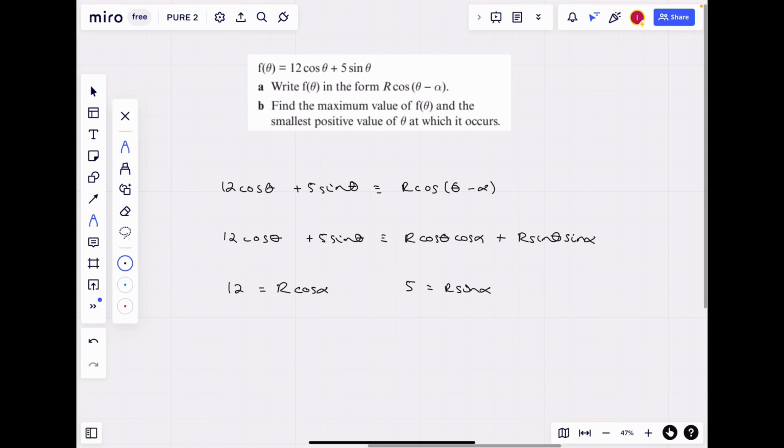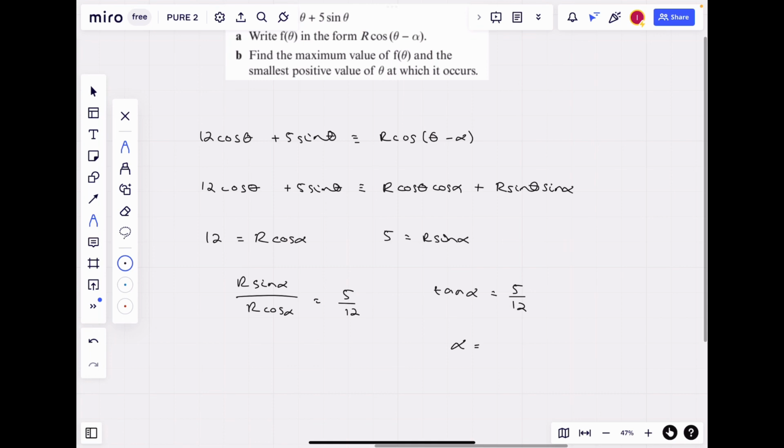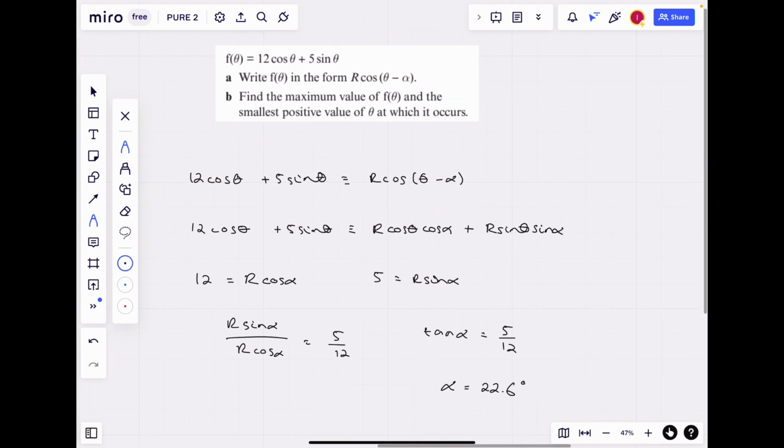We can now put it into tan alpha by doing r sine over r cos, 5 over 12. So tan alpha equals 5 over 12. Alpha, by doing the inverse, is going to be 22.6 degrees. And we're working in degrees now.